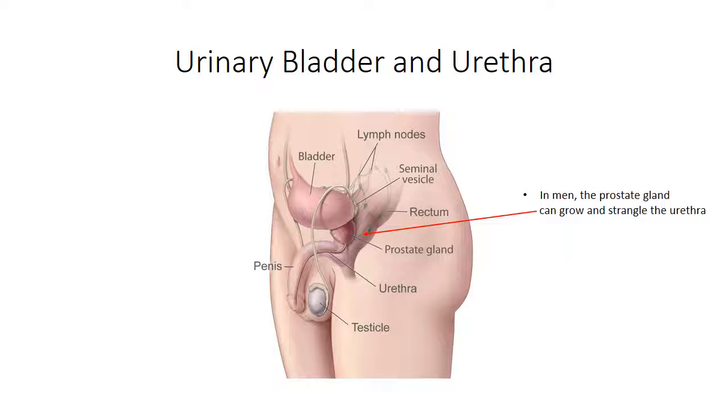And you see here, I made this red arrow pointing to some kind of lump which surrounds the urethra. It is located in men only, women do not have it. In men, this lump is underneath the urinary bladder in the beginning part of the urethra, where the urethra goes right from the urinary bladder.